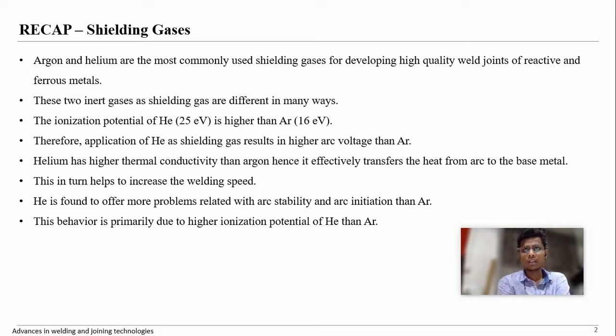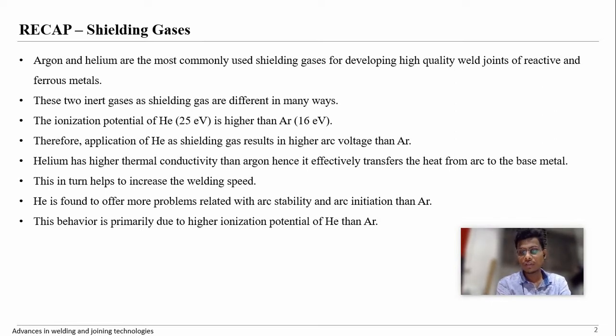Application, in the sense, suppose I am doing some repair works which are not important, simply joining two metal pieces for some support structure in household activities or something like that, then selection of shielding gas is not that important.